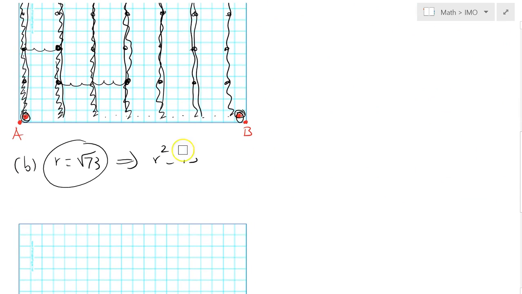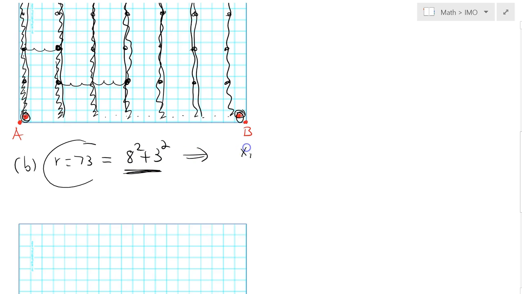My bad. So going back, R is 73, but 73 is simply 8 squared plus 3 squared. So therefore, this gives me an idea about the displacement vector.